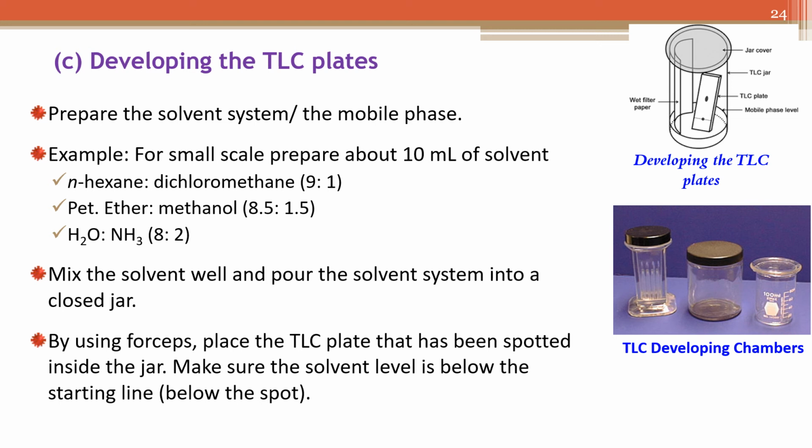Mix the solvent well and pour the solvent system into a closed jar. Put the solvent into the closed jar first, and then using forceps, place the spotted TLC plate inside the jar. Don't put the TLC plate in first and then add the solvent, that's wrong, because there will be interference there.